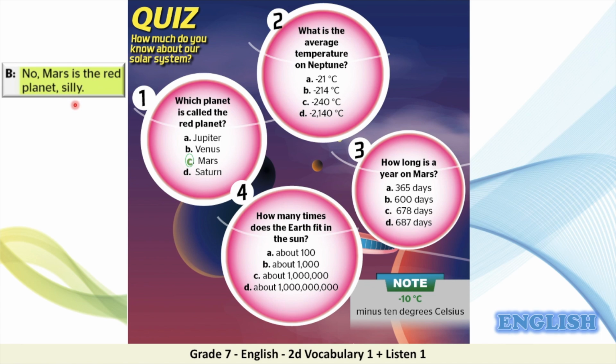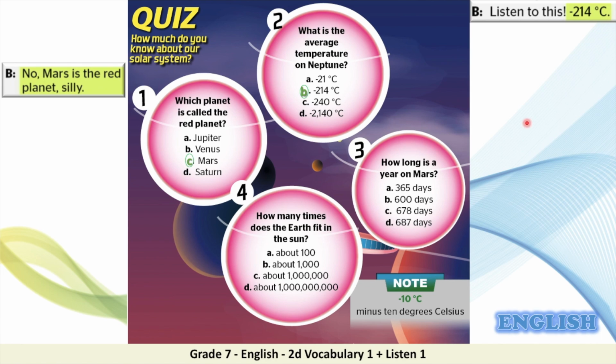Number 2. What is the average temperature on Neptune? Excellent. Minus 214. How did you know this? Perfect. Listen to this. Minus 214 degrees Celsius. Okay.